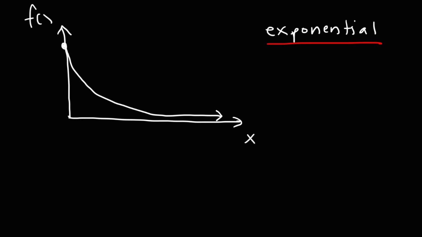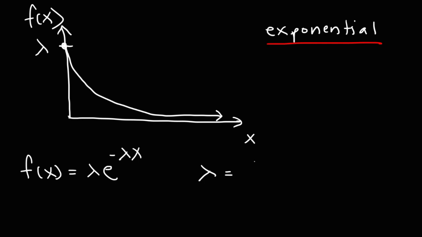We have f of x on the y-axis, and the y-intercept is lambda, the rate parameter. The probability density function is f of x is equal to lambda e to the negative lambda times x. Lambda, the rate parameter, is 1 divided by the mean.